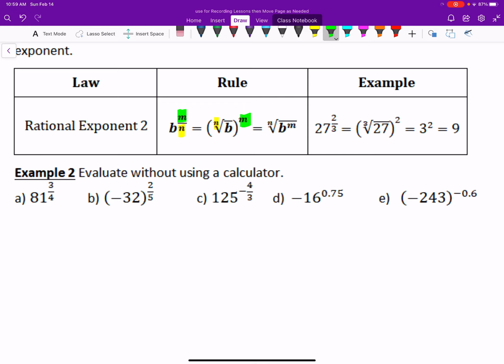We take the root based on the denominator, so third root, but then I'm going to raise my answer to the numerator. So the third root of 27 is 3, but then I'm going to square it. So 27 to the 2/3 is actually 9.